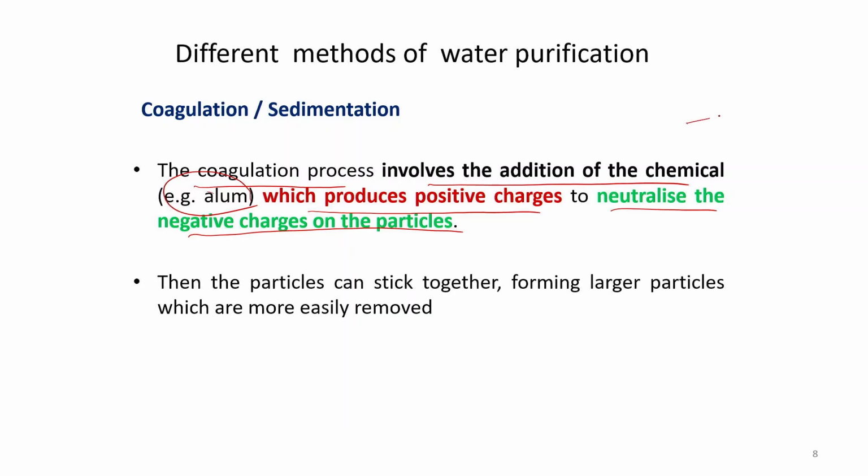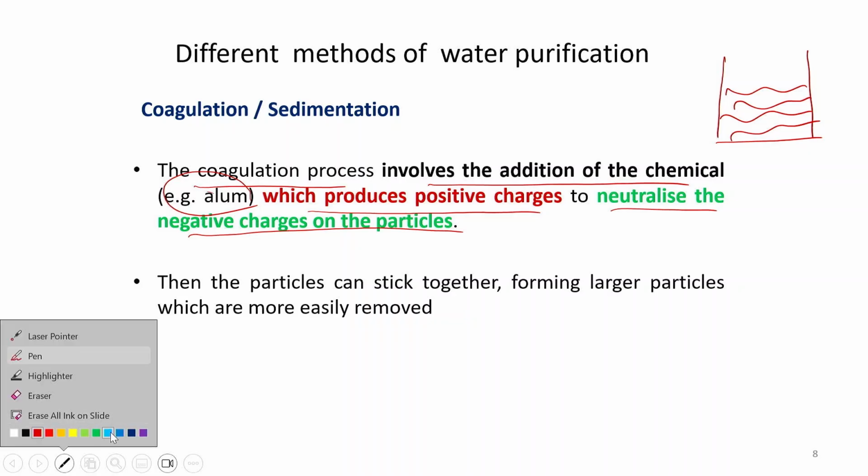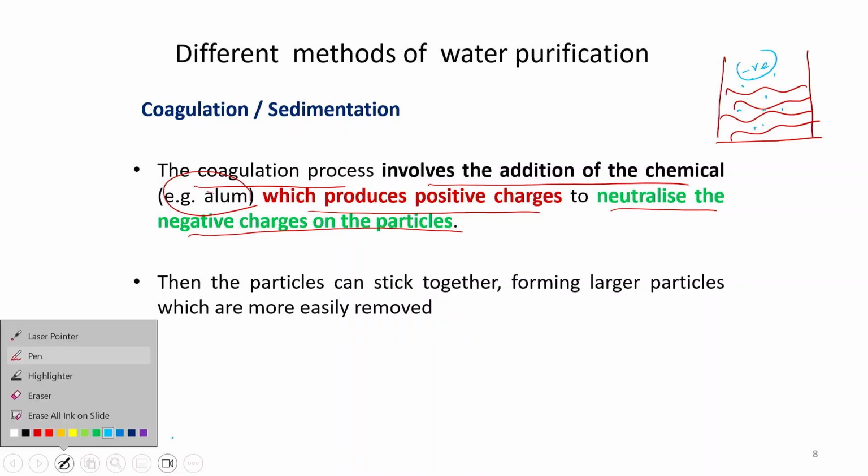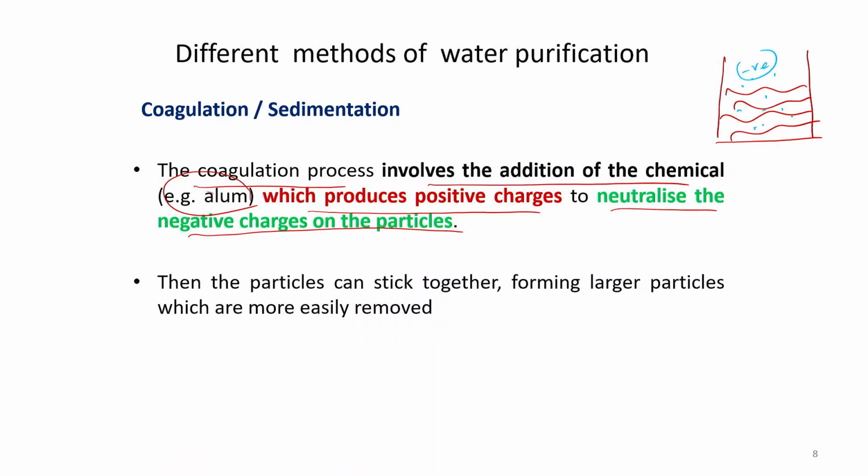So, if you see, here is water and the contaminants are there, different types of contaminants with negative charge, and we use, say, alum.